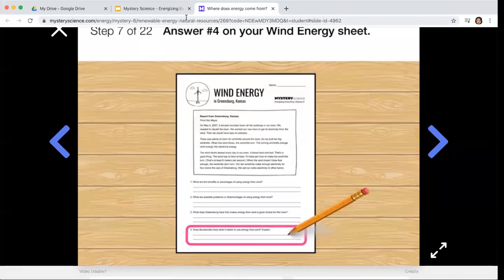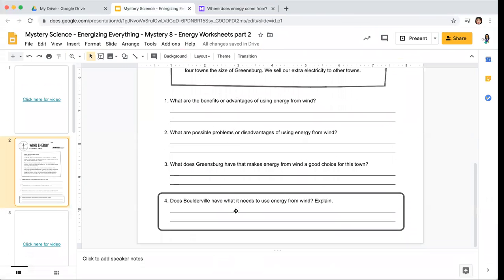Okay, and this is where you go back, and this is where you're going to write exactly what we just talked about. Does Boulderville have what it needs to use the energy from the wind? Explain. Use evidence from the graph that we just saw to help you with your answer.